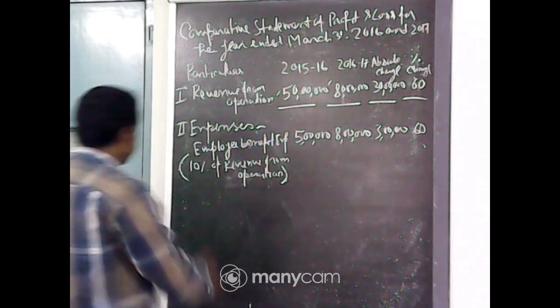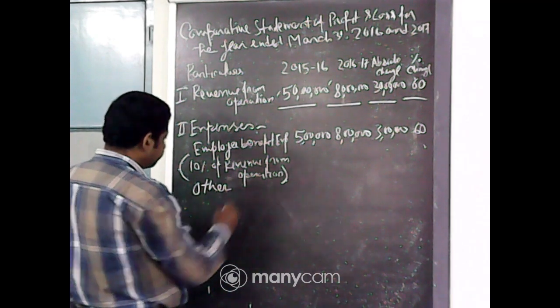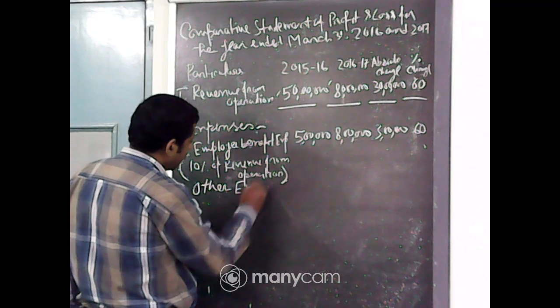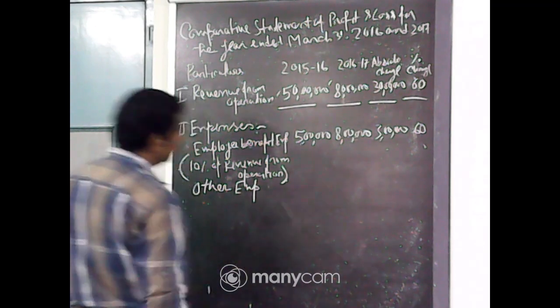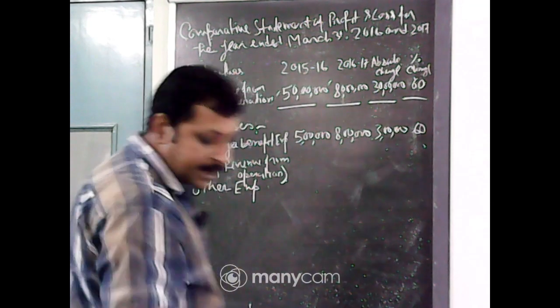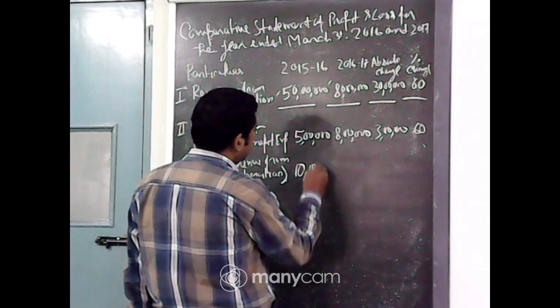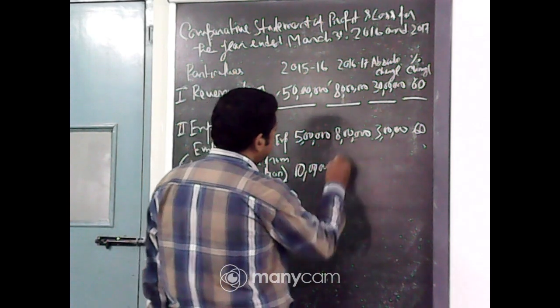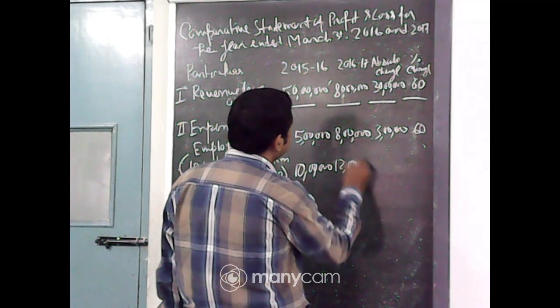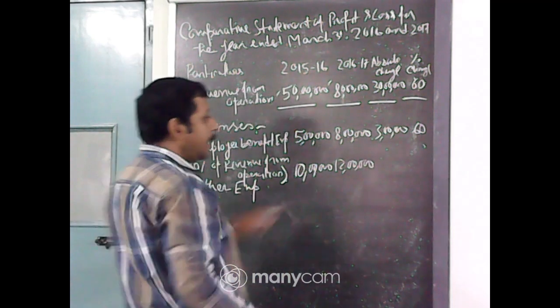Now there are other expenses. What are the other expenses? The figure is given here. Other expenses are 10 lakh for 2015-16 and 12 lakh for 2016-17. Now what is the absolute change?